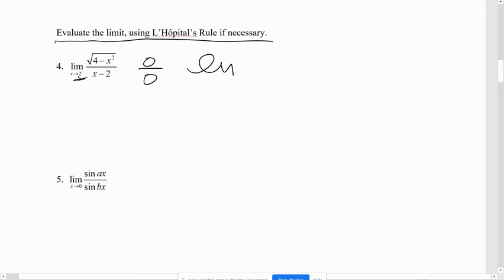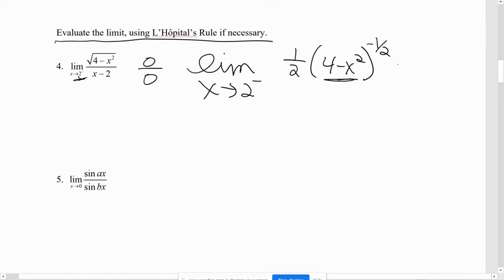So let's find the derivative of the top. So that would be 1/2 times 4 minus x squared to the negative 1/2, and then you'd have to chain rule this, which would give me negative 2x. All right, and that's all over the derivative of the bottom, which is just 1. Okay.